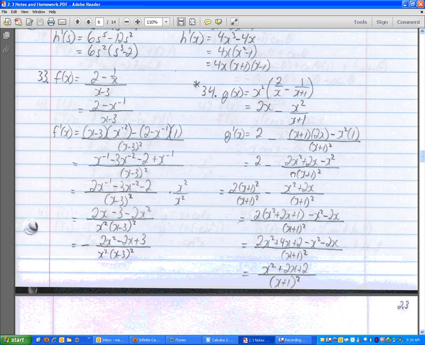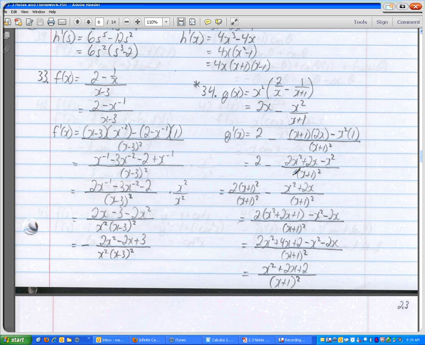All right, let's see. On 33, what do our directions say? Find the derivative. All right. I need to rewrite before I find the derivative, because I can take the derivative of 1 over x using the quotient rule. I can. But remember in section 2, when we would rewrite that as an x to the negative 1 and then use the combination rule? Well, that worked well, didn't it?